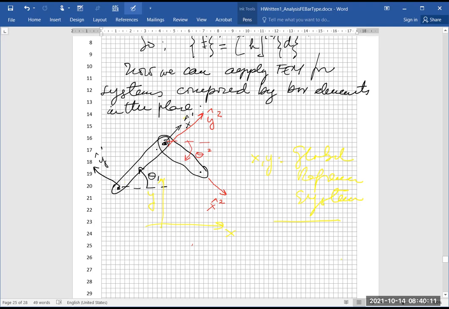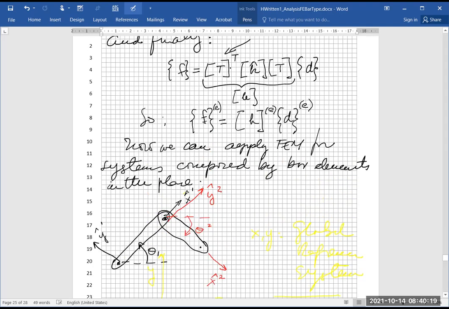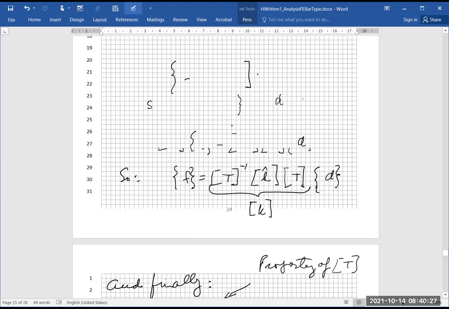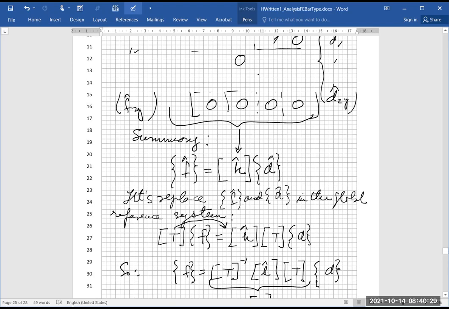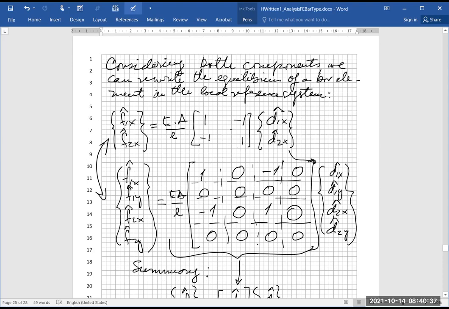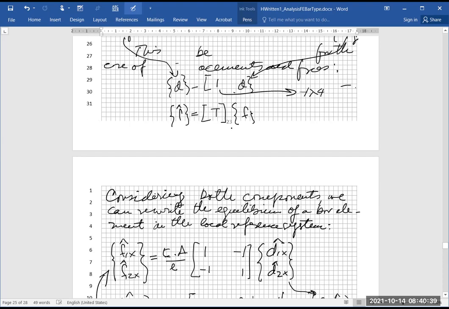Okay, so we can solve this. We can complete this product, T transpose K and T. This K with the hat, we have it up here. This is the K hat. The T, we had it before when we convert two vectors instead of one.